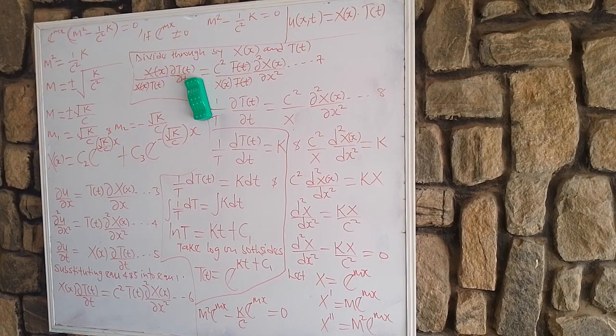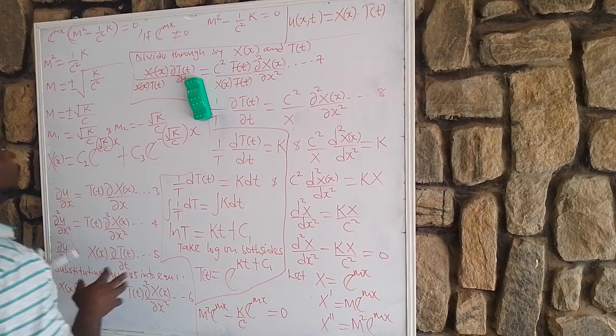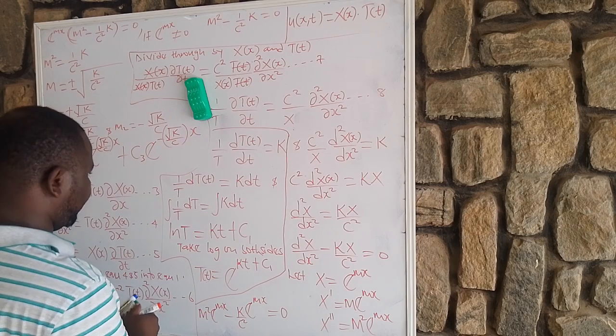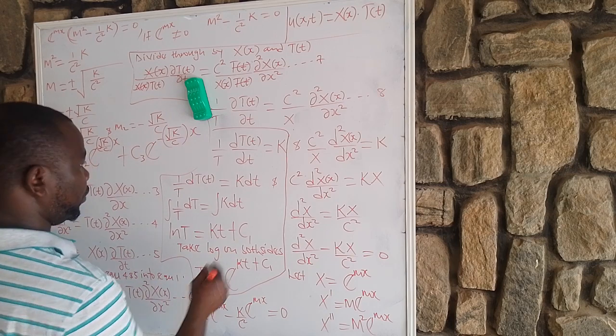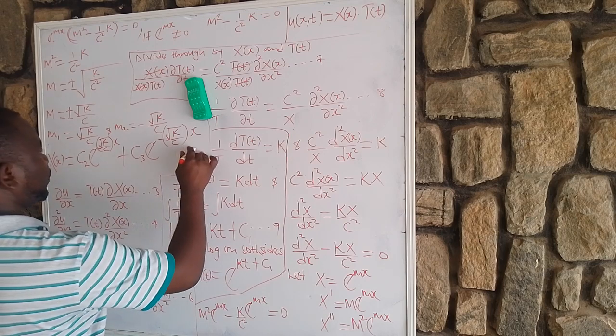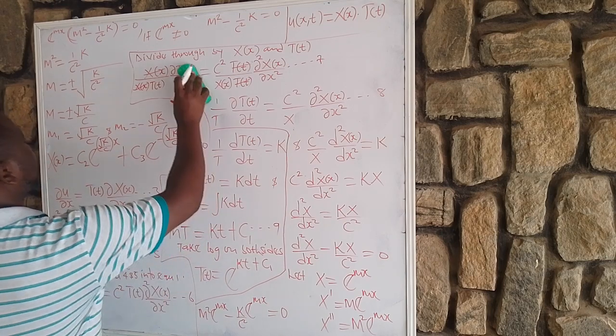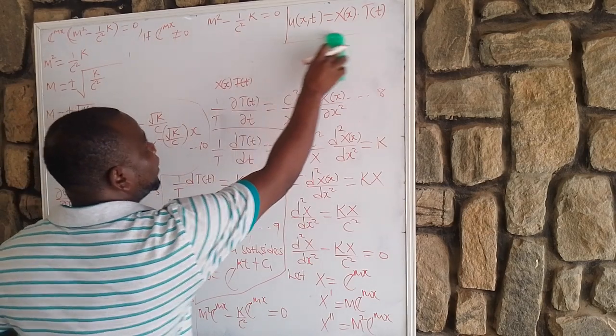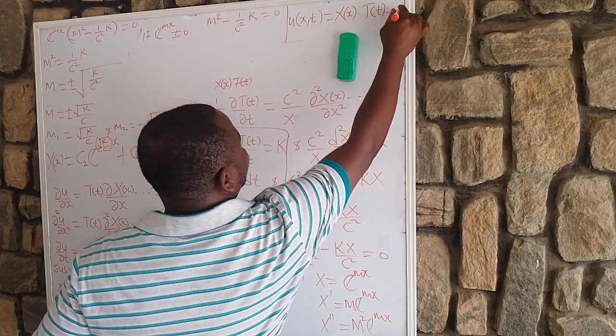So far so good. The final answer to this particular problem, it means we name this equation, let us name this equation 9, then we name this one equation 10. So we are going to substitute equation 10. Remember, this is equation 2, right?